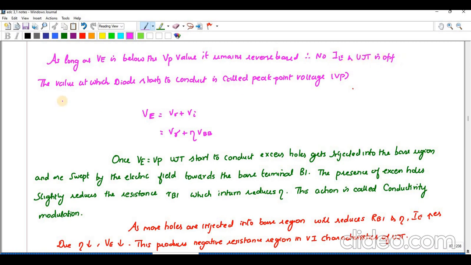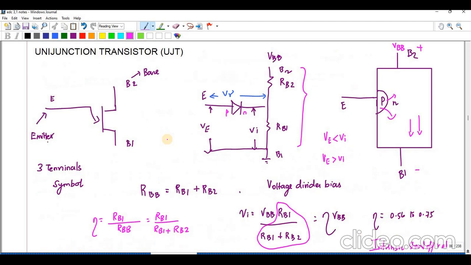The value at which the diode starts to conduct is called the peak point voltage, that is VP. So I can write VE is equal to V gamma plus VA. What is VA?